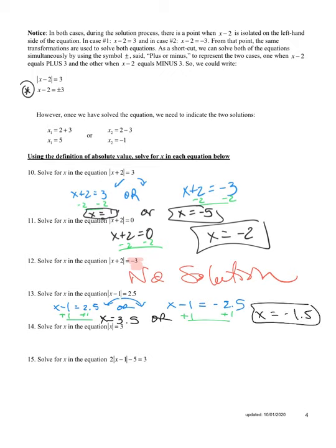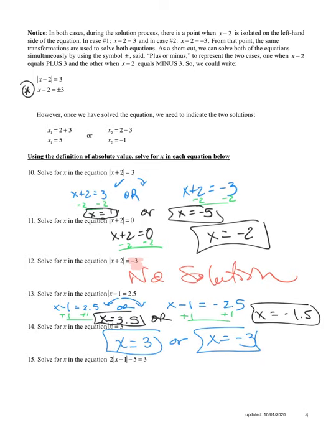This you should be able to do without a calculator. You should be able to do that by hand. Now, in the next example, you should immediately be able to determine, well, x could equal 3 or x could equal negative 3. Those are my solutions.